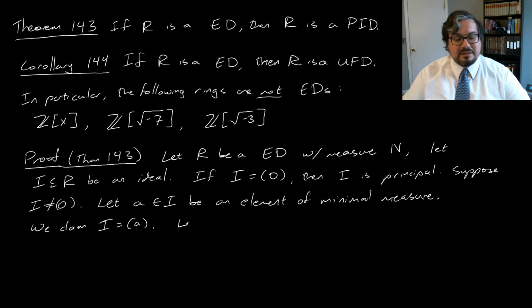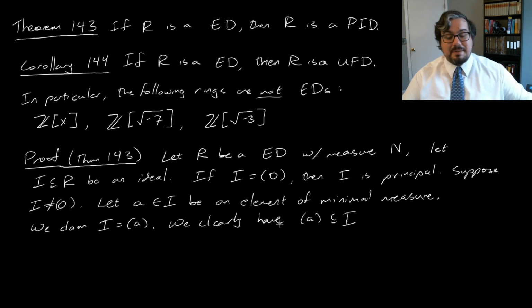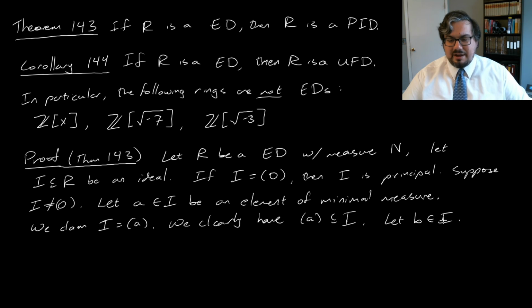So to do that, let's note that we clearly have that the ideal generated by A is contained in I because A is an element of I. So let's let B be an element of I.